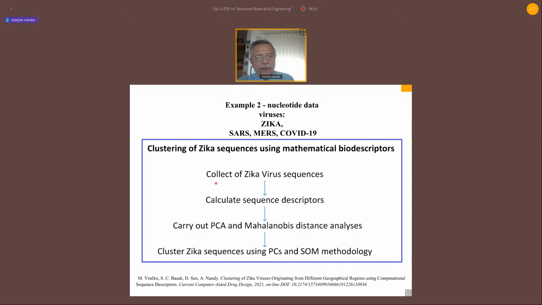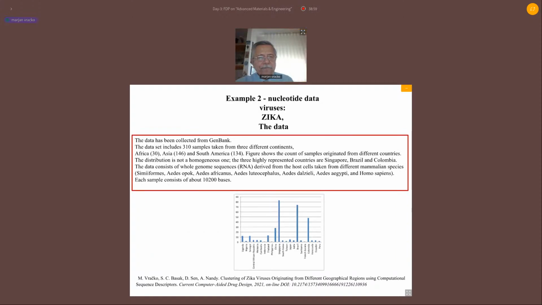First, we have to collect virus sequences from different databases, which I will show you later, and then we represent those sequences somehow, calculating the descriptors, and then carry out our PCA, Mahalanobis distance, or self-organizing map analysis of those data. For example, for Zika viruses, we collected data from GenBank.